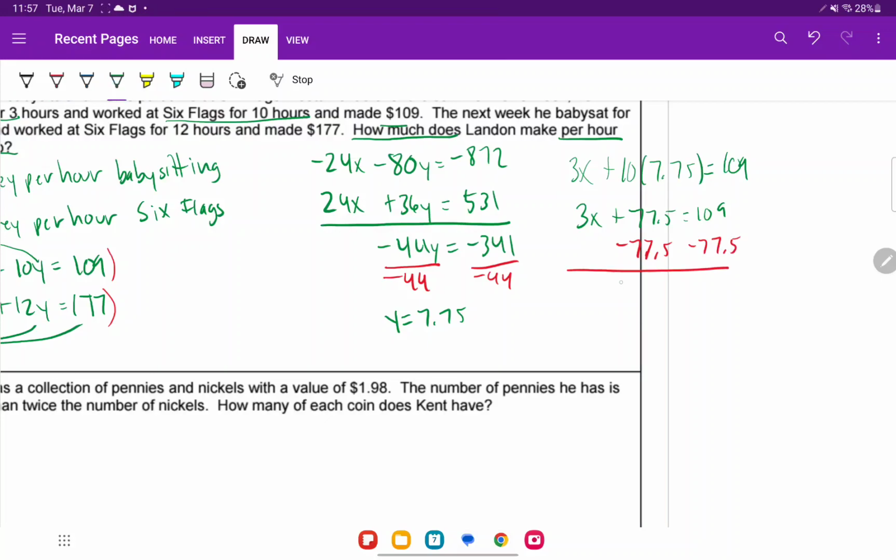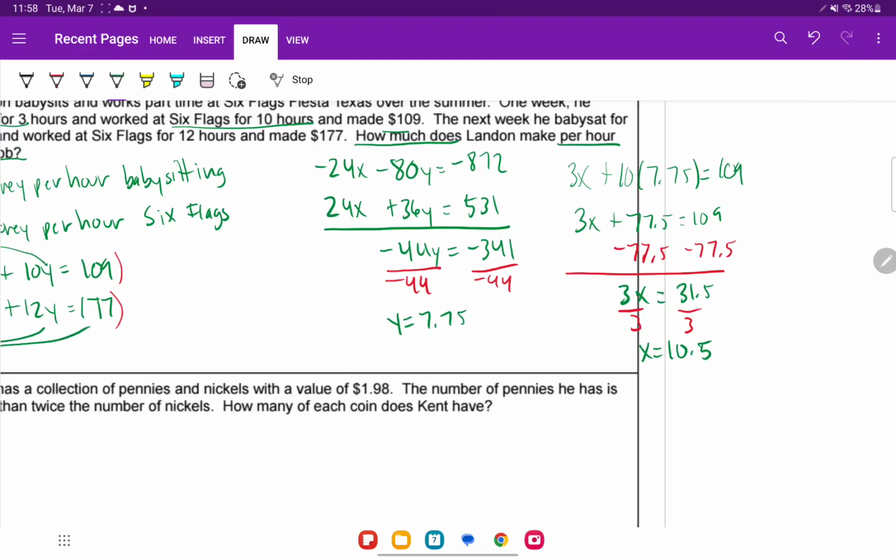That gives us 3x is equal to, let's see, 109 minus 77.5, which is 31.5. We're going to divide by 3, which is 10.5. So x equals 10.5. All right.